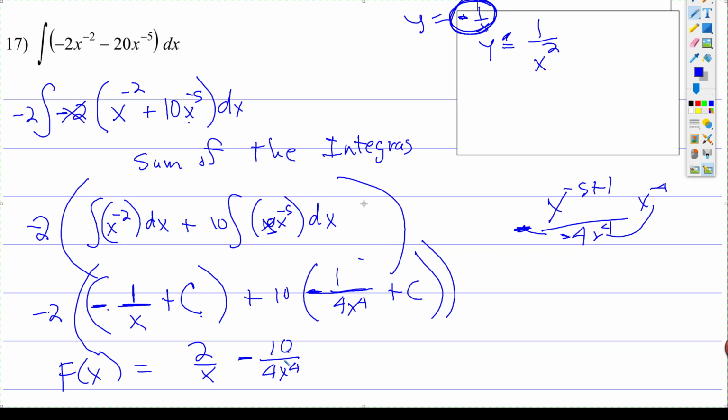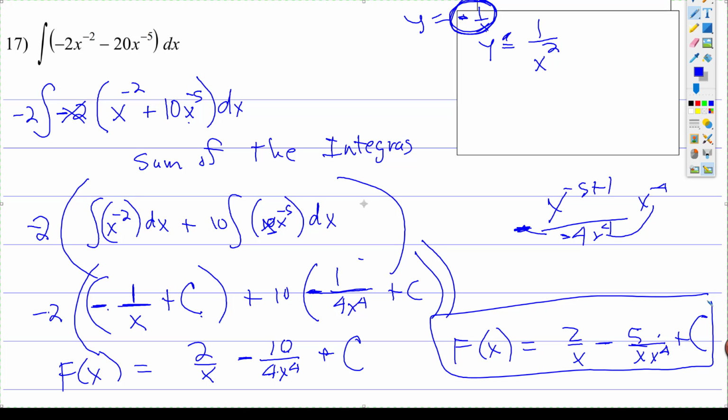Oh, look at this, it is going to simplify. Then we can put the plus capital C. So our final will be f of x is equal to 2 over x minus, these both have a 2 in common, so 5 halves, and then x to the fourth is in the denominator, plus capital C.